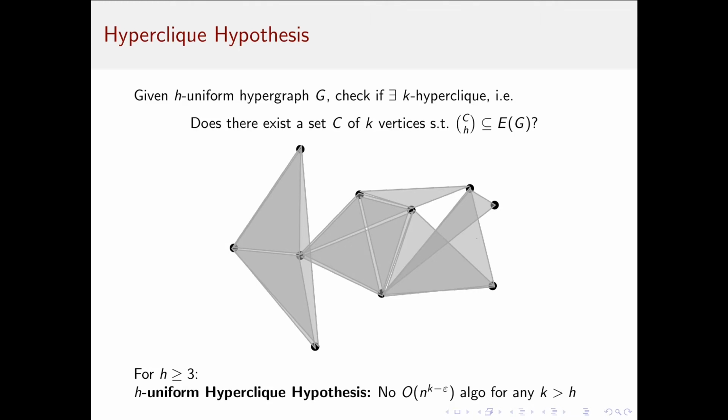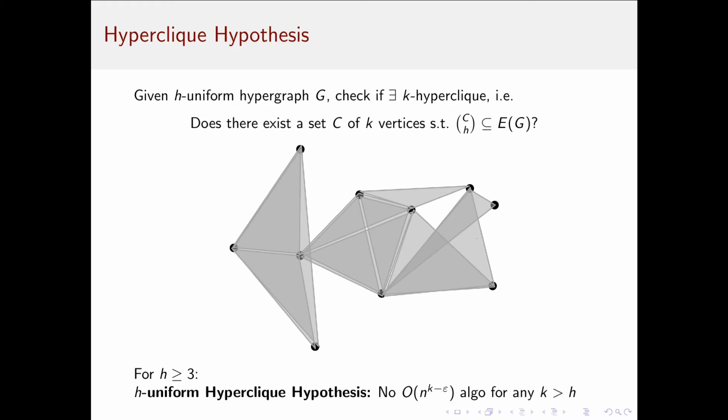Okay, and for the purposes of this talk, we're actually going to always assume that h is equal to 3, but in general, you can formulate the h-uniform hyperclique hypothesis as follows. There does not exist an algorithm which solves the k-hyperclique problem on h-uniform graphs in time O(n^(k-ε)) for any k greater than h.